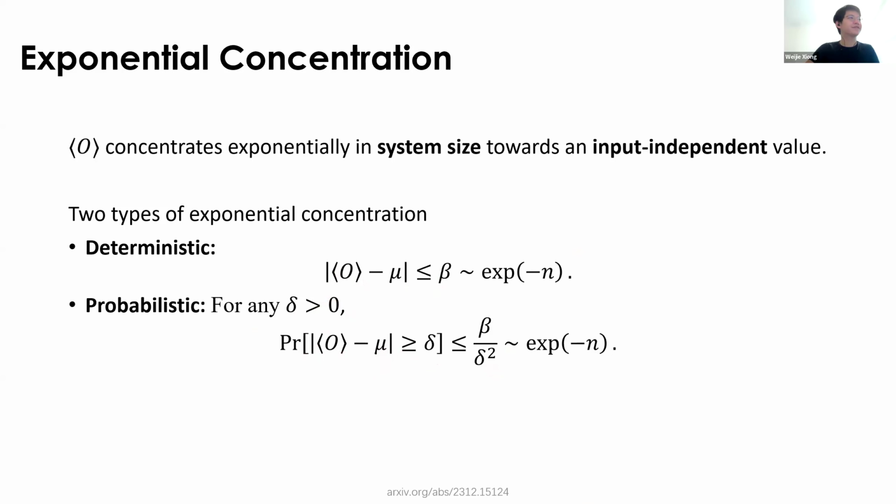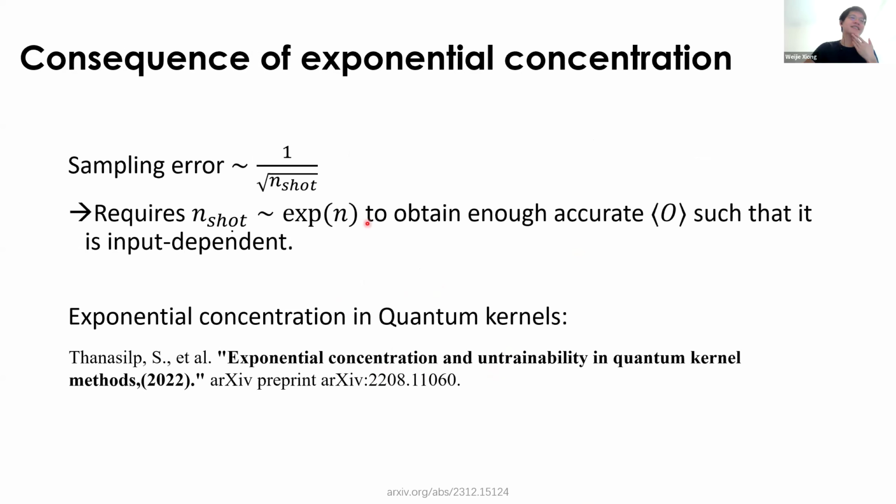The consequence of exponential concentration is that, let's say you have a fixed point that is input independent, and your measurement outcome as a function of input fluctuates around this point.